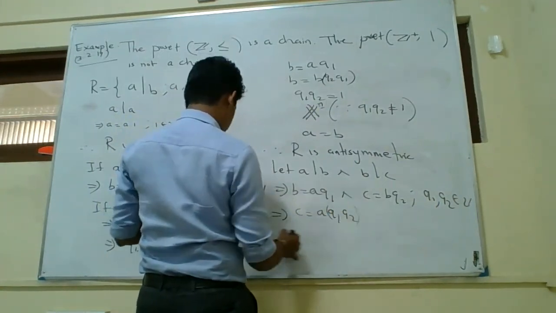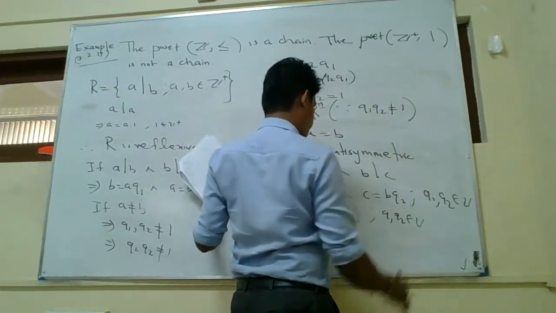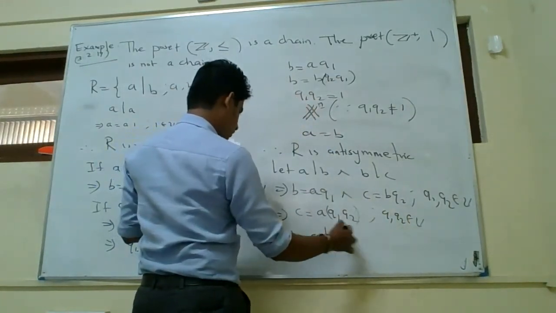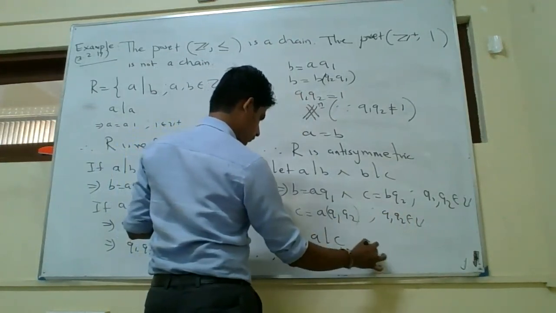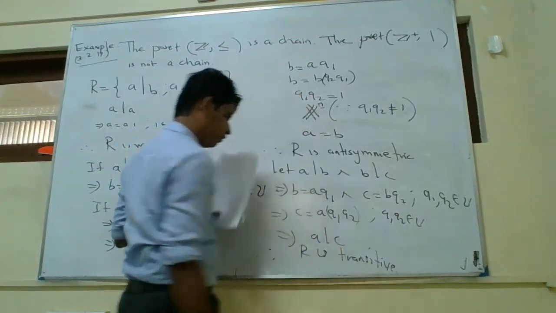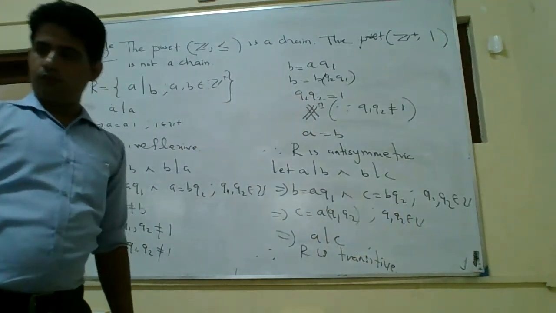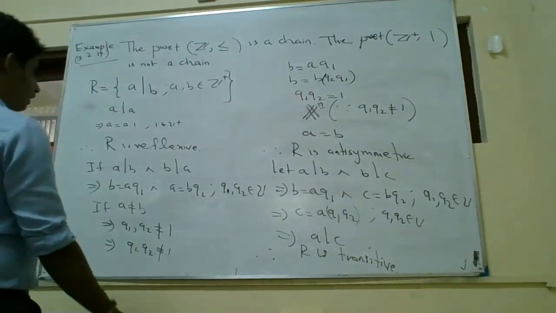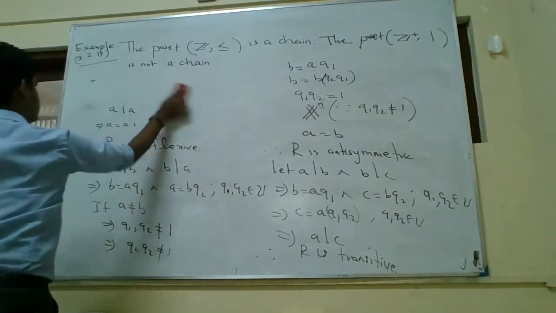Q1 times Q2 is also an integer. This means A divides C. Therefore, R is transitive. Reflexive okay, antisymmetric okay, transitive okay. Therefore, it is an equivalence relation. Sorry, it is a partially ordered set.